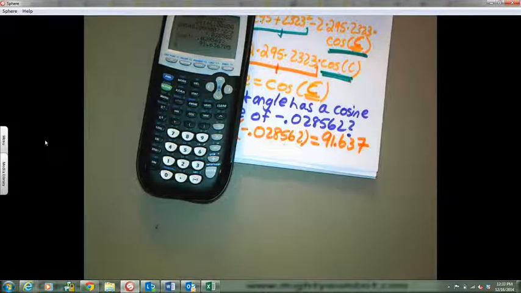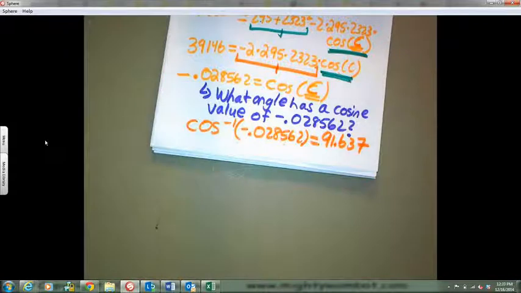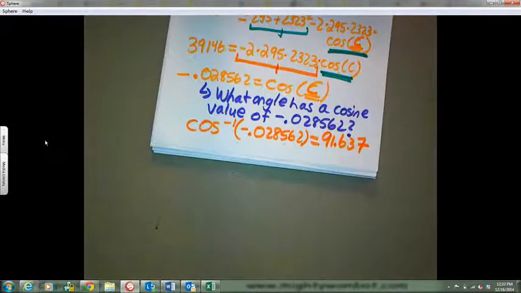And then remember we wanted the bearing, which means subtract 90 degrees, and you get 1.637. Why do you subtract 90? Because I'm not going north, I'm going a little bit east of north. So I'm going 1.637 degrees east of north. Questions? It's real math.